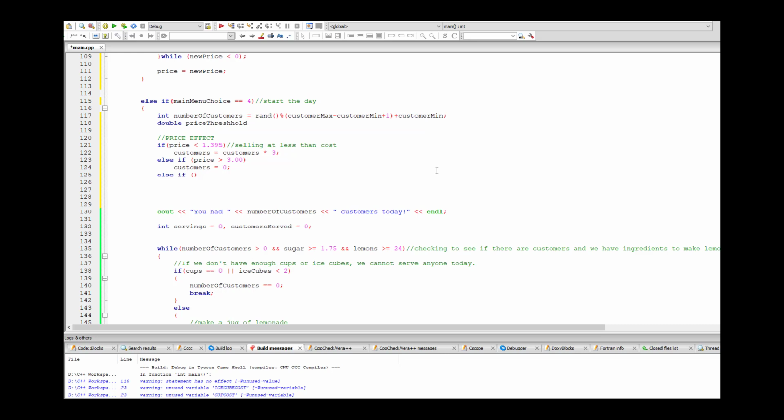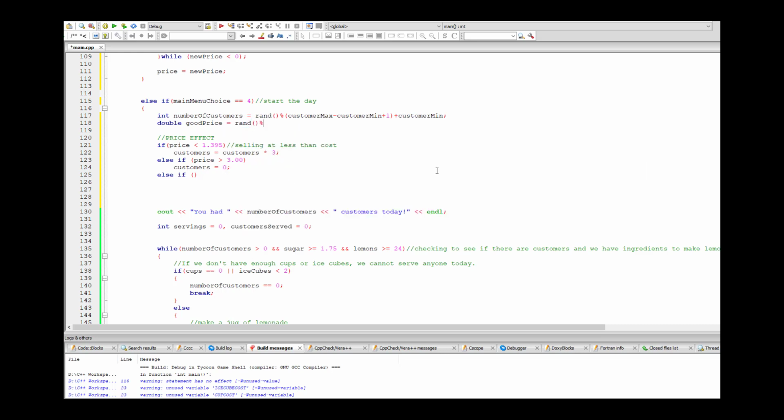All right, and basically, well, good price. Okay, so we're going to say what is the customer going to consider to be a good price that day? Okay, so what we'll say is that double good price is equal to rand.